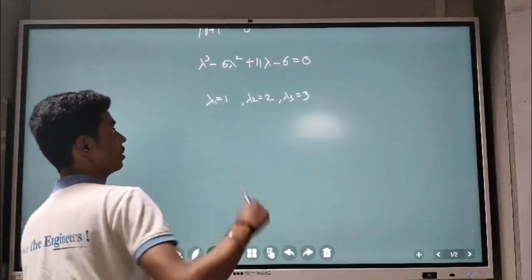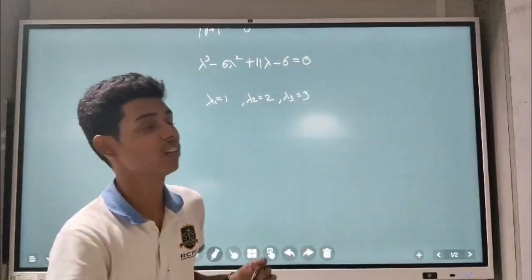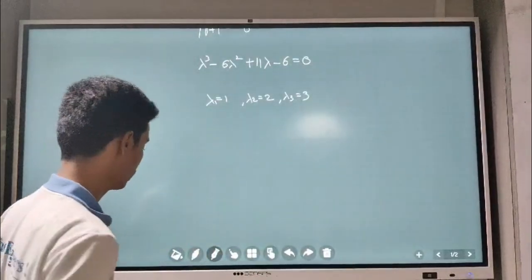So all these values lambda 1, lambda 2, lambda 3 are distinct. Then we find the diagonalization.